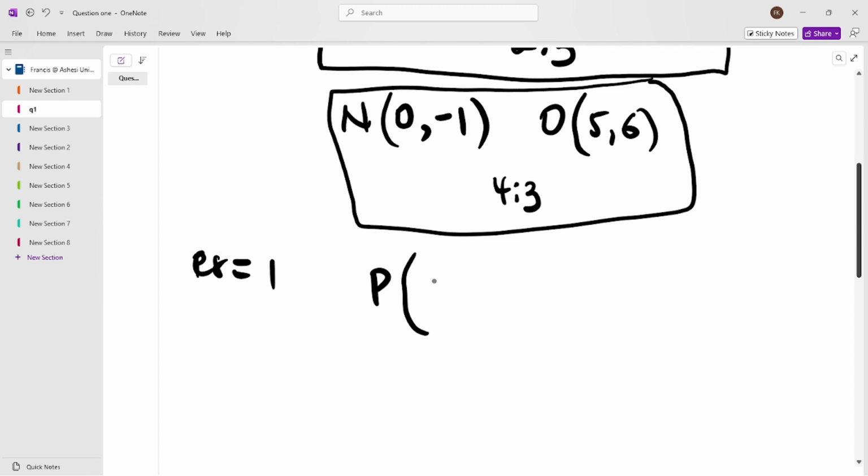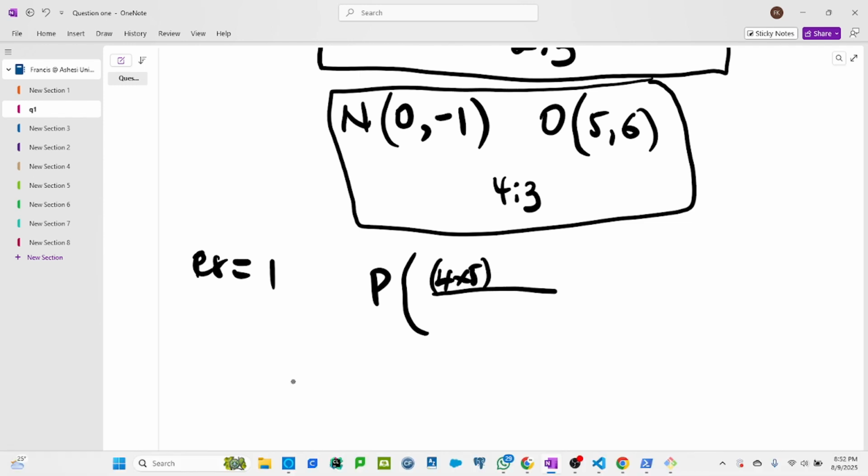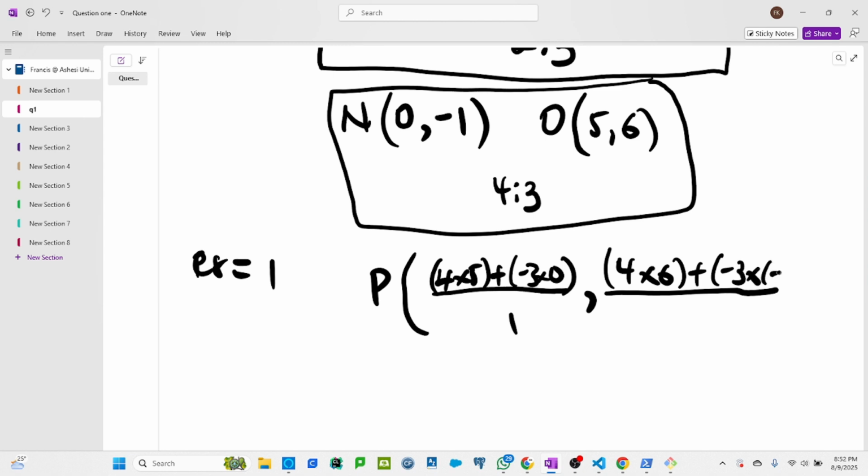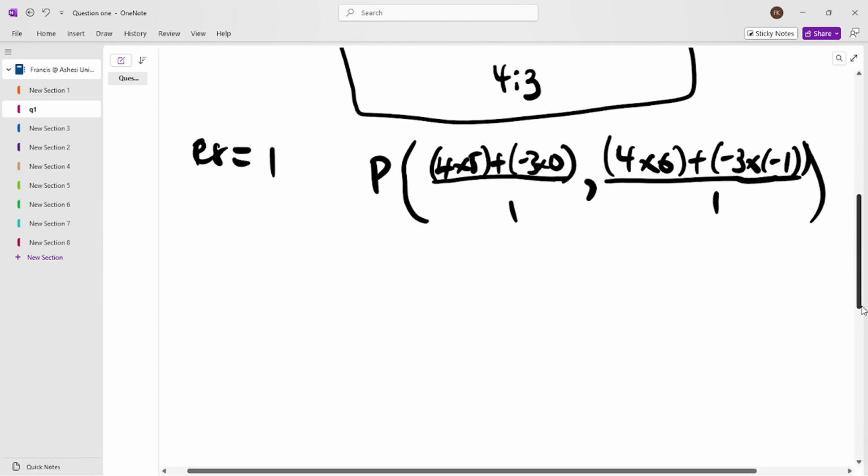So P is 4 times 5, plus negative 3 times 0, all over 1, comma, 4 times 6, plus negative 3 times negative 1, over 1.